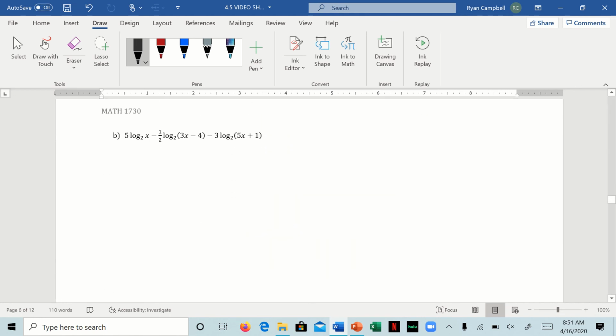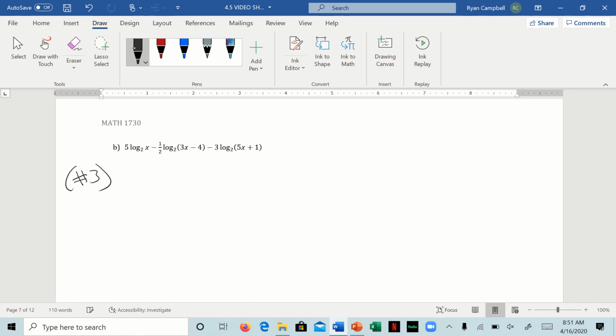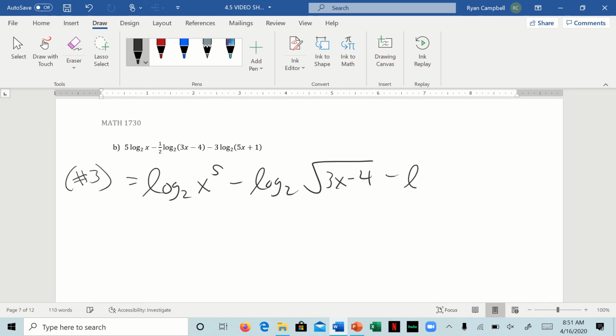All right, part B. So let's do the same thing. So we're doing number 3 first, moving all the exponents out front. So, or other way around, taking from out front. So we get log base 2 of x to the 5th, minus log base 2 of the square root of 3x minus 4, minus log base 3 of 5x plus 1 cubed.